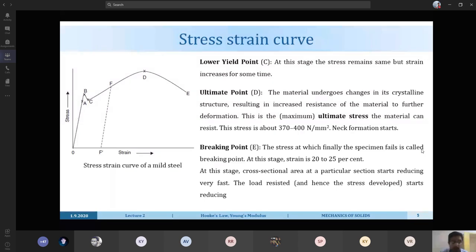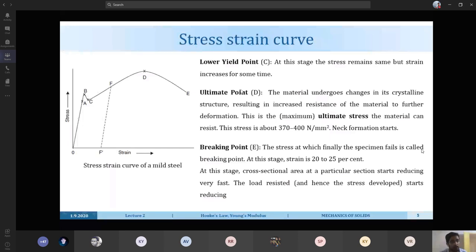The stress developed in the bridge should not be above the yield stress, because if it is within the yield stress, then the structure can go back to the original shape.